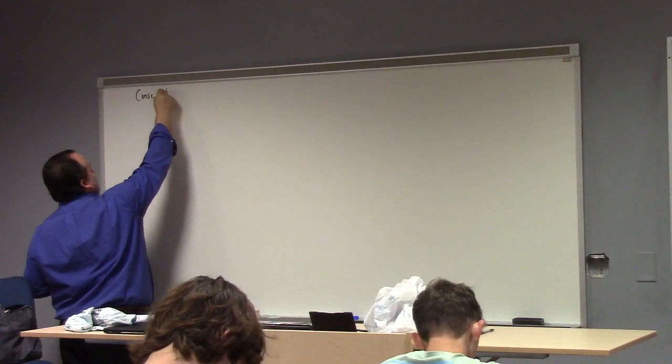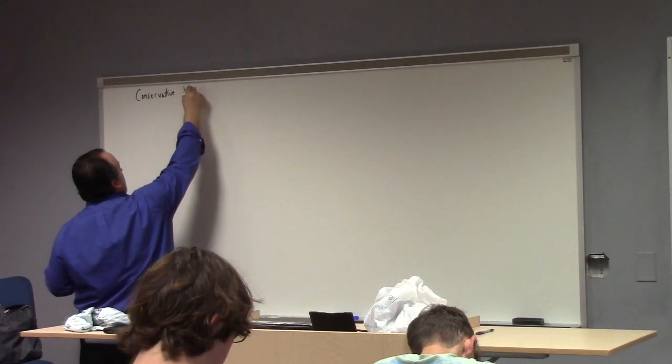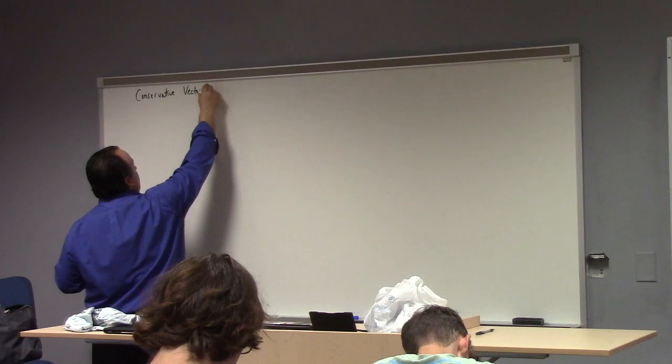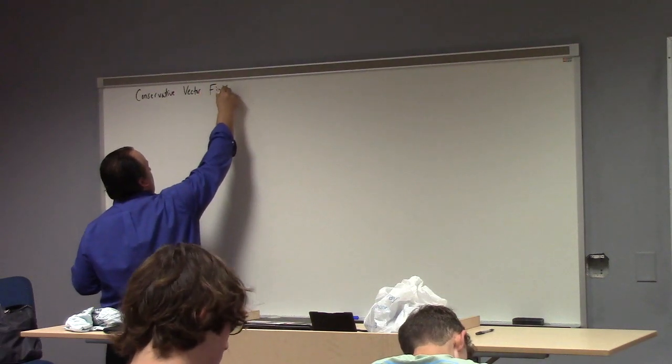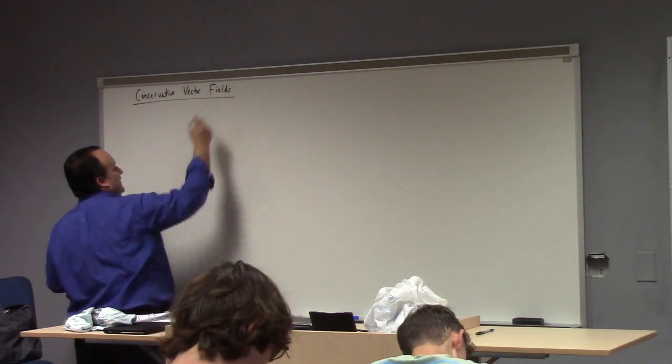So some of this has to do with the basic problem I posed last time: how do you find the integral curve to a vector field, right? Let's review that right quick.